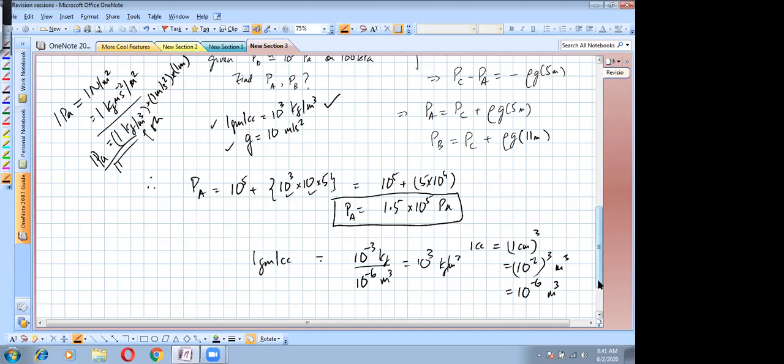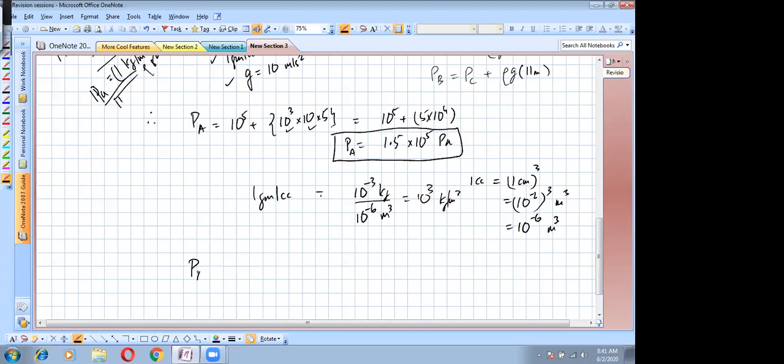Okay. Similarly, pressure at the point B will become pressure at C, which is 10 raised power 5, plus rho into g into h, with h being 11 meters. So you can see it as 10 raised power 5 plus 1.1 into 10 raised power 5. So this has a pressure of 2.1 into 10 raised power 5 pascals.